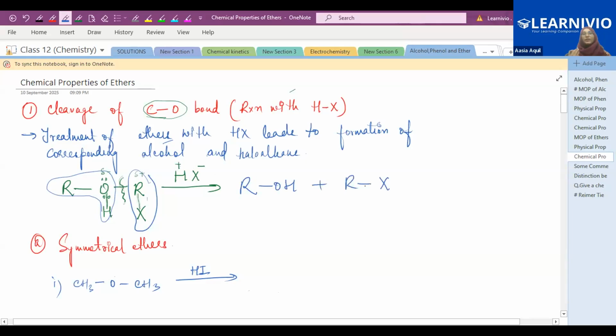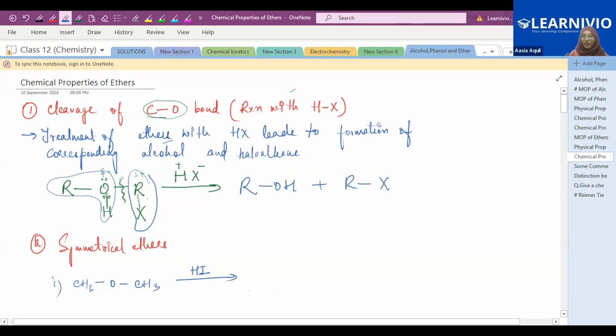So when you treat the ether with any HX, any halogen acid, the C-O bond will cleave, the carbon and oxygen bond, because the alkyl group has carbon. Between this oxygen and alkyl group, the oxygen is more electronegative, so it will acquire a partial negative charge, and this carbon will acquire a partial positive charge. You know very well that opposites attract each other.